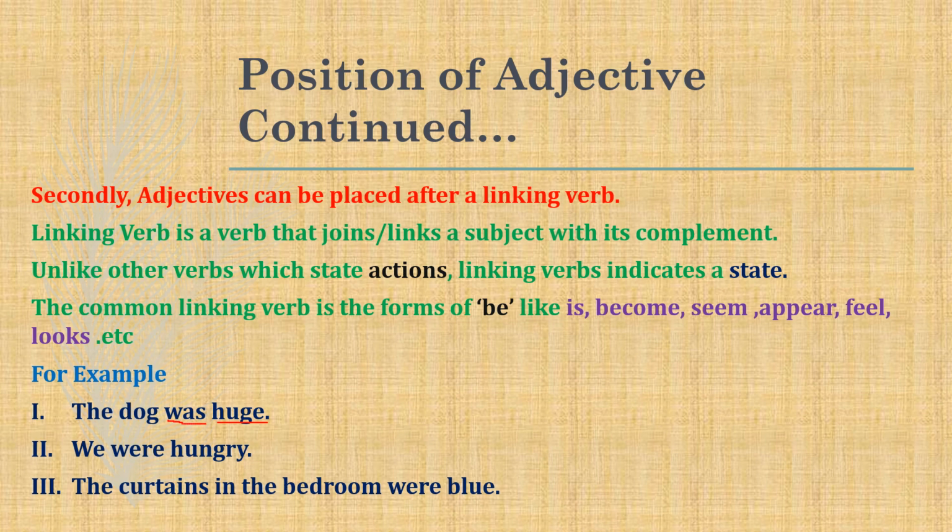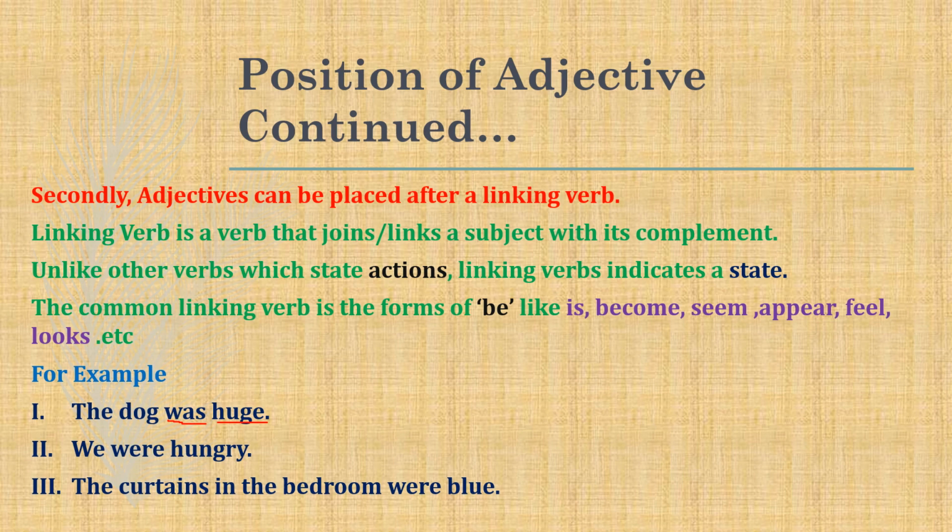Was is a linking verb because it is not indicating an action, but it is indicating a state. So this is an example of an adjective that is used after a linking verb, and the linking verb here is was, and the adjective is huge.